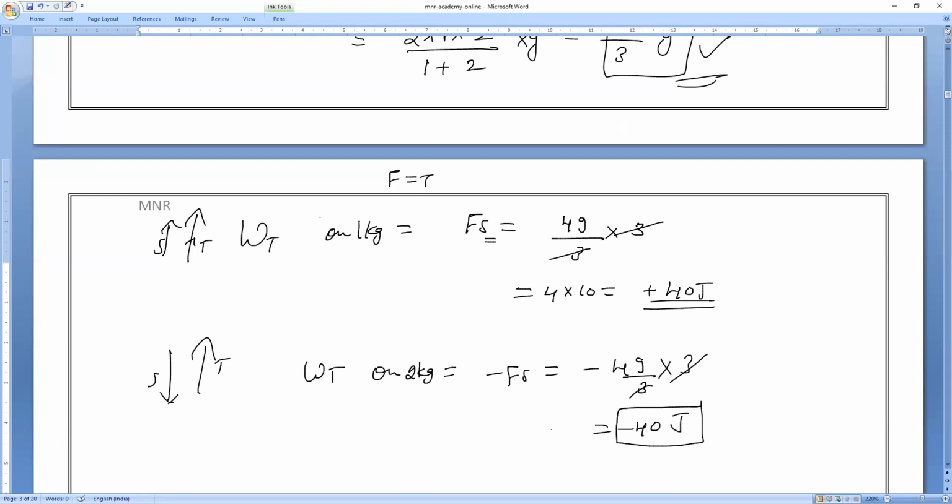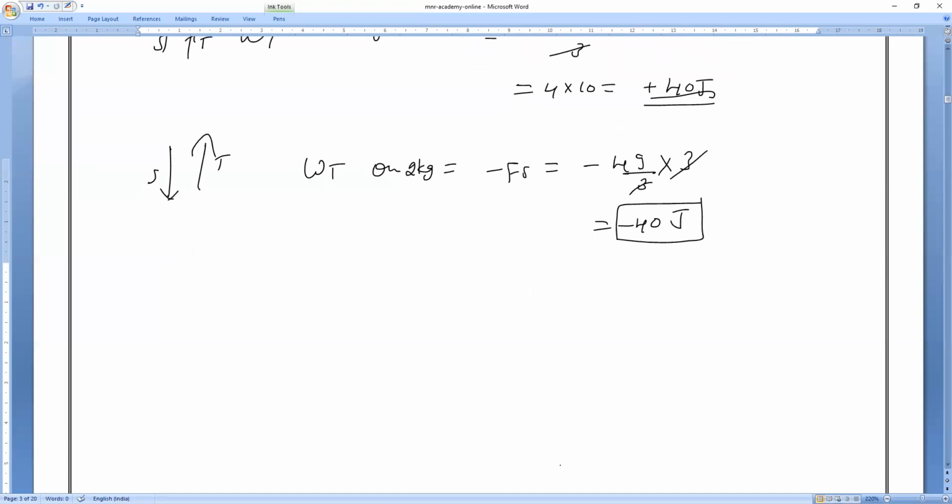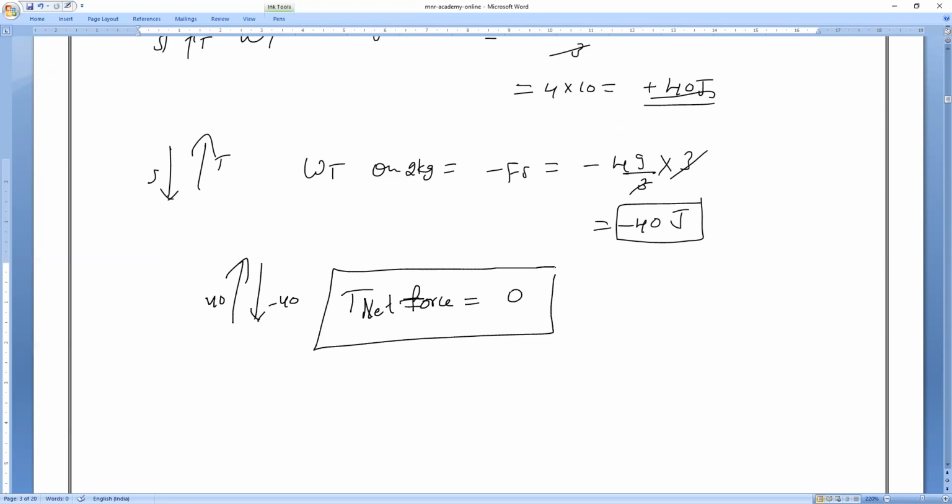Then now, net work. What is the net work done by the tension force? Net tension done on both bodies. Net tension work is equal to how much? Upward 40, and downward minus 40. So 40 plus minus 40, both adding, which is equal to 40 minus 40, which is equal to how much?